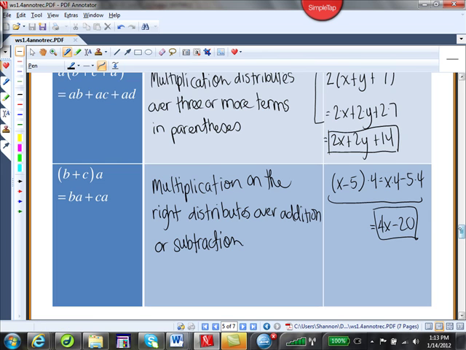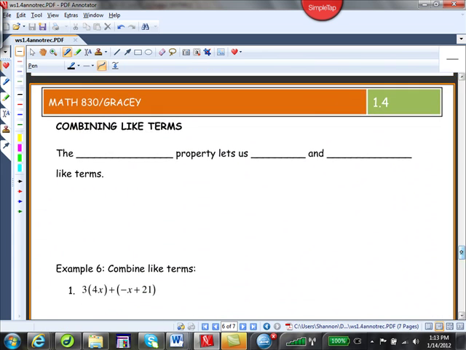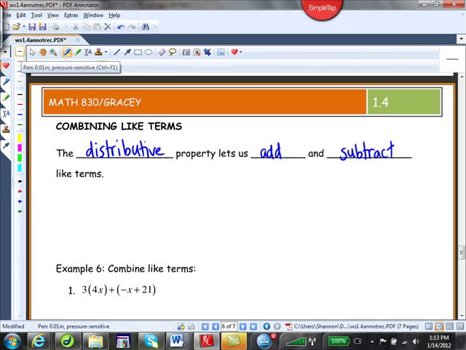Okay, so let's move along to combining like terms. We will be combining like terms many times over the course of the semester. So the distributive property lets us add and subtract like terms. This isn't normally how we work these problems out, but suppose we had 5x plus 8x.